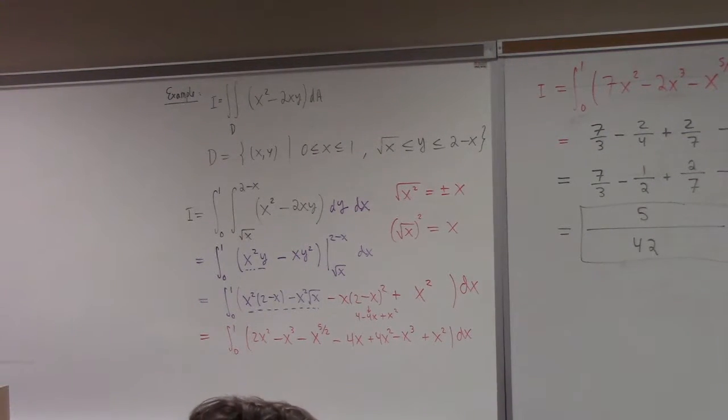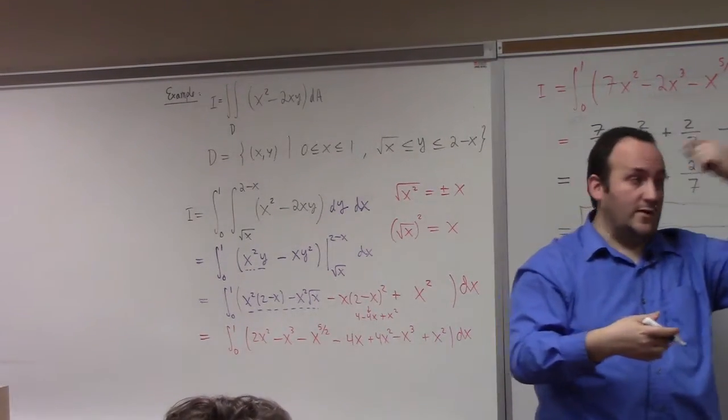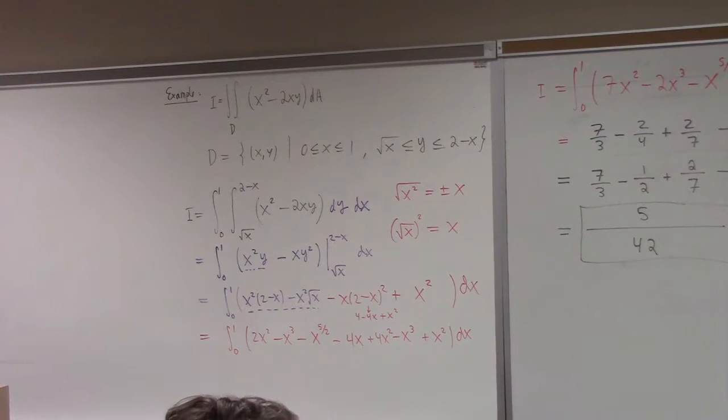This is 1/2 the cosine of 2 phi. That's 1/2 of the sine of 2 phi, and then I need a minus, don't I? And then over here, we've got r to the 4th over 4 from that integral.